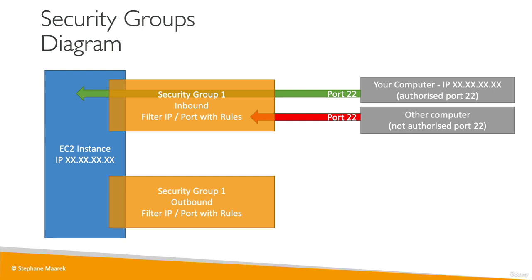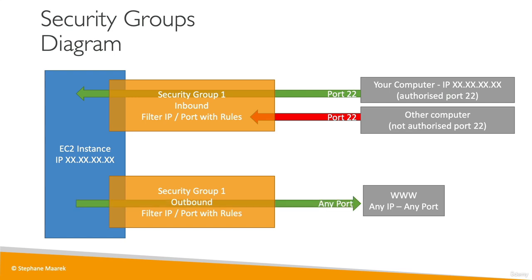For the outbound rules, by default, our EC2 instance for any security group allows any traffic out of it. So if our EC2 instance tries to access a website and initiate a connection, it is going to be allowed by the security group. This is the basics of how a firewall works.